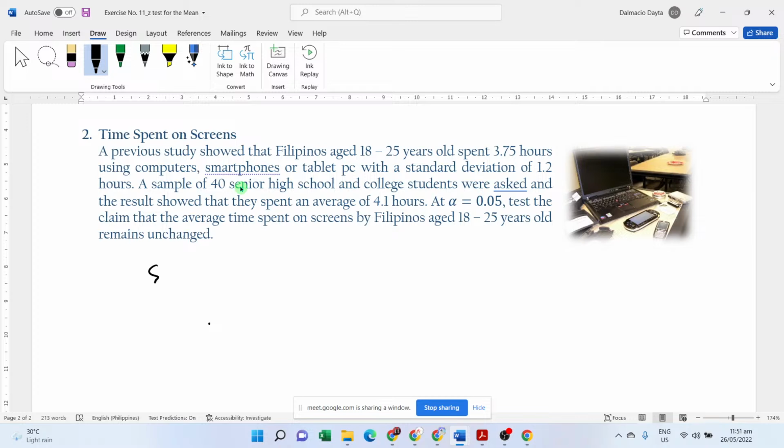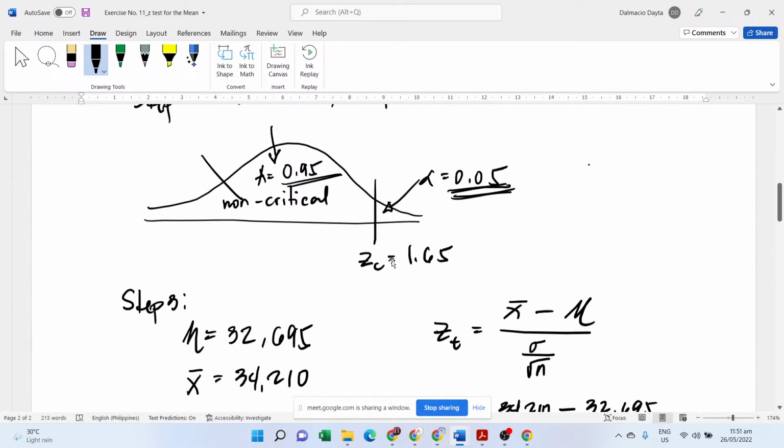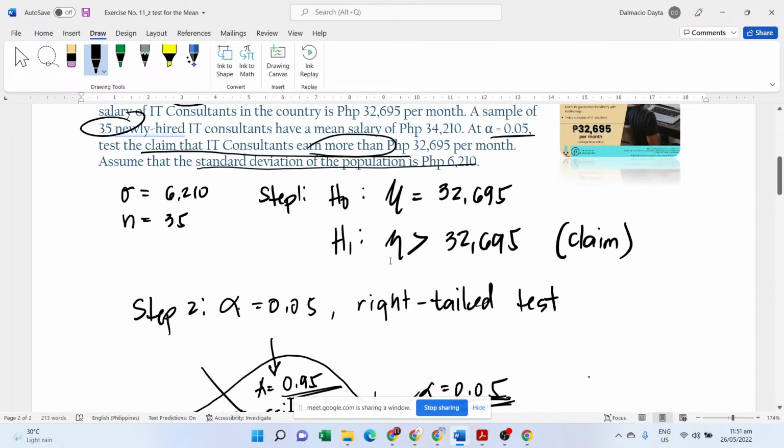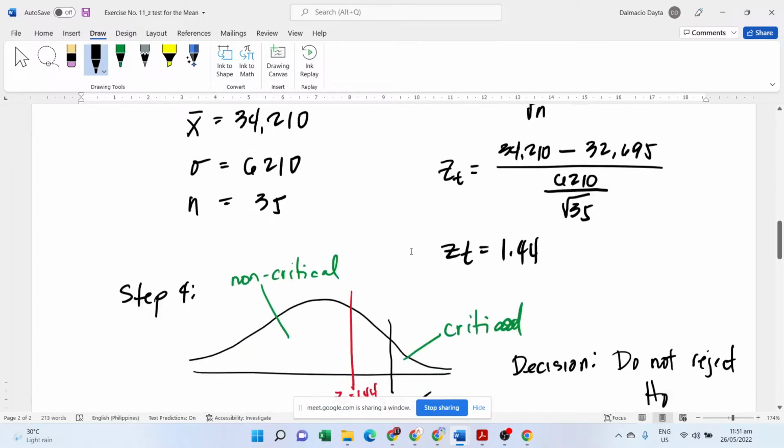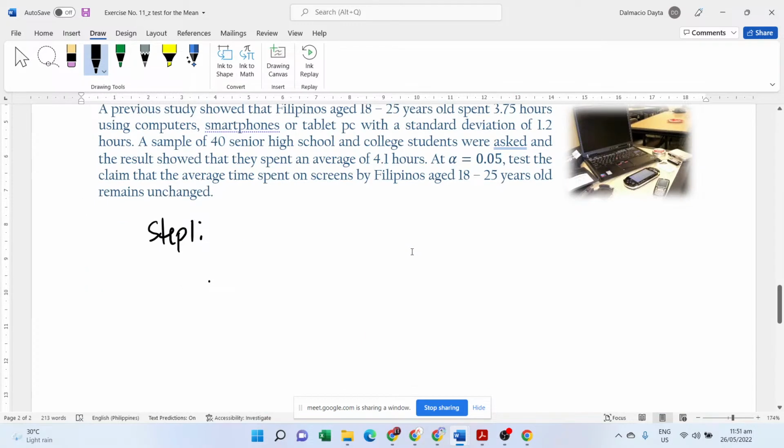Yan. The way I made step 1 in number 1, tingnan ninyo. Mu is equal to 32,695 in the null hypothesis. Mu is greater than 32,695 in the alternative. Can someone help me form the null hypothesis this time?